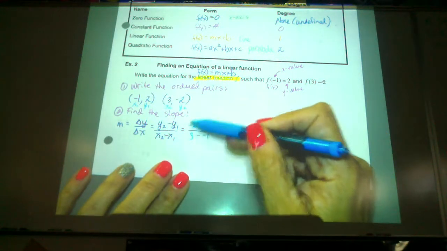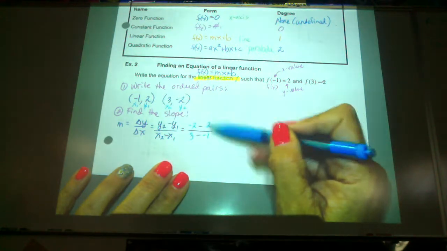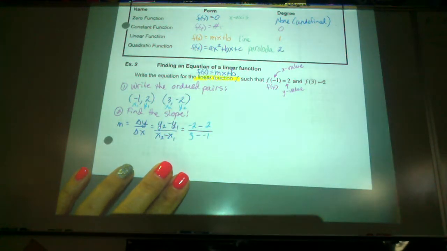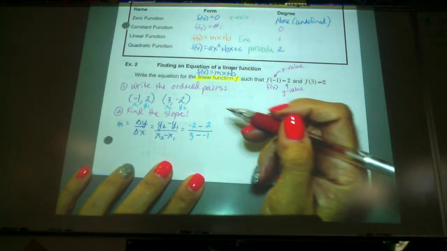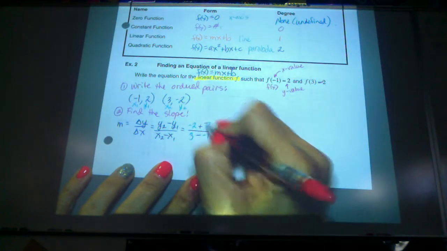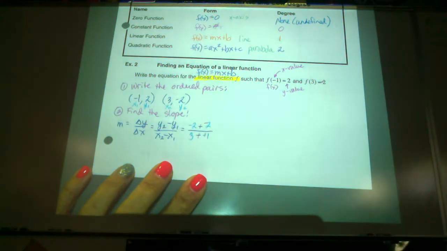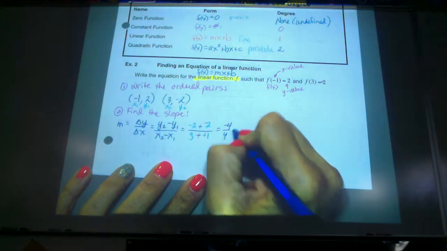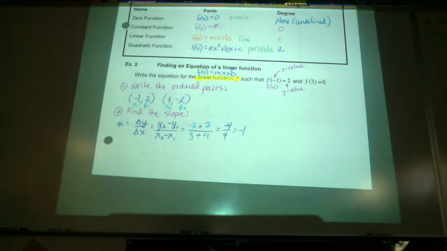Your ordered pairs should be vertical to each other with the y up top. They should never be diagonal. Make sure you take care of your signs, add the opposite, so plus minus here and a plus plus there. So I end up with negative 4 over positive 4, which is your negative 1. So slope is negative 1.